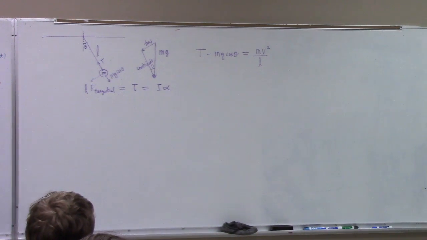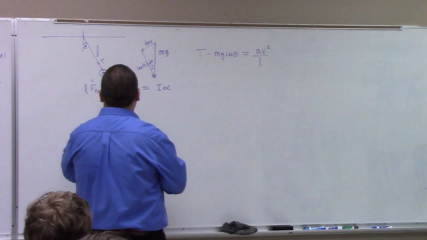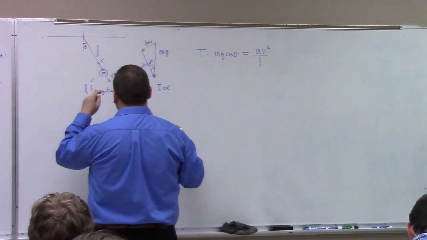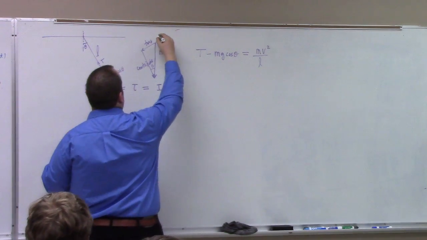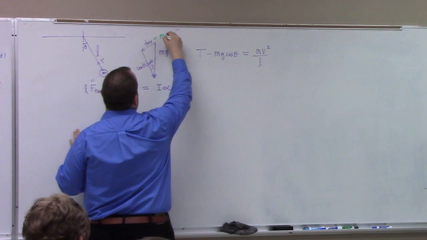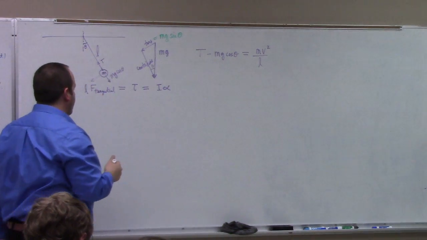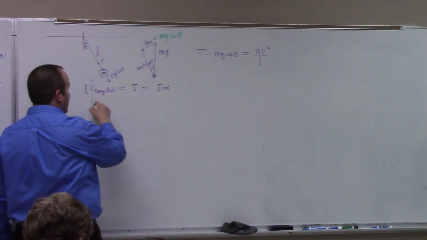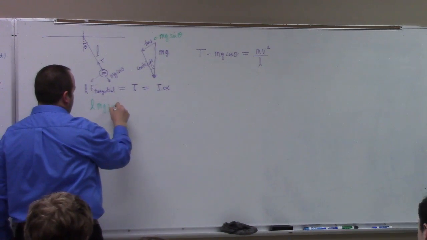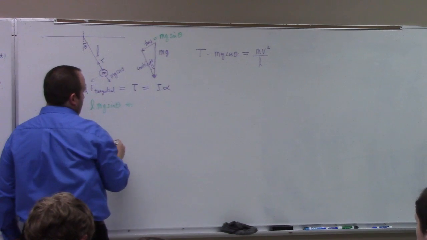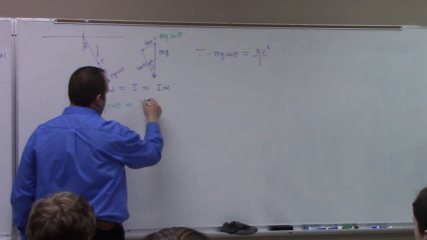All right, so what's the tangential component of the force then, you guys tell me? mg sine theta, right? Sorry, I'm somewhat impatient. You've got to tell me faster. L mg sine theta equals I alpha. What is alpha?